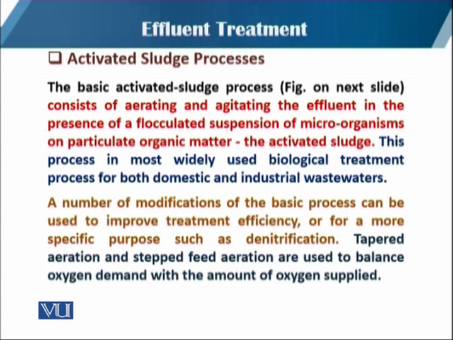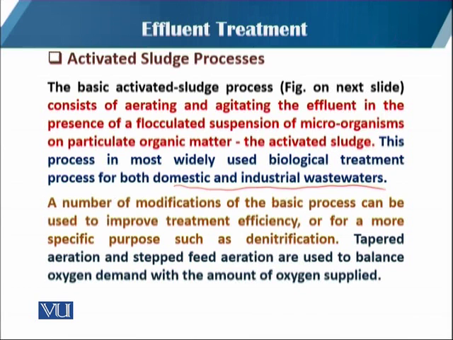So in this whole story, what is activated sludge? Activated sludge is basically the flocculated suspension of microorganisms on any particulate organic matter. This process is the most widely used biological treatment process for both domestic and industrial wastewater treatment.